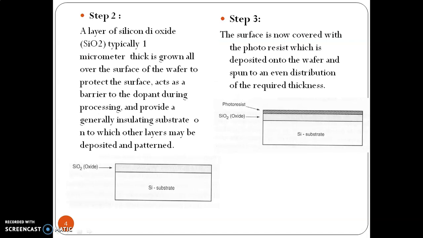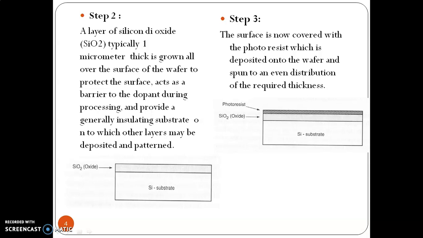Coming to the next step, onto this wafer we will be growing a thick layer of silicon dioxide. Usually the silicon dioxide would be 1 micrometer thick, grown all over the surface of the wafer. Why it is put up is to protect the surface.